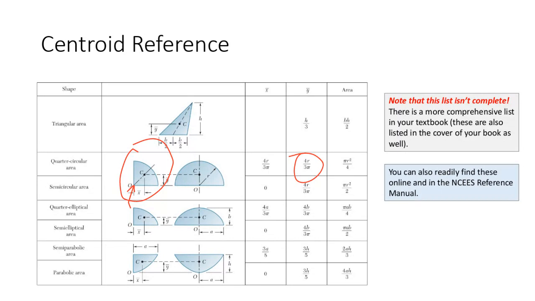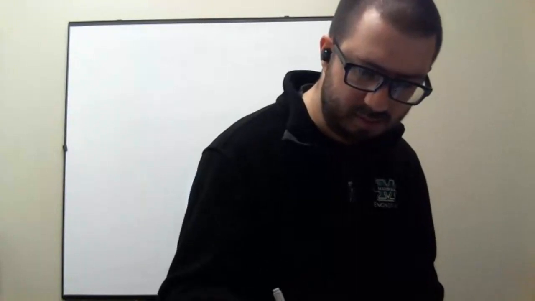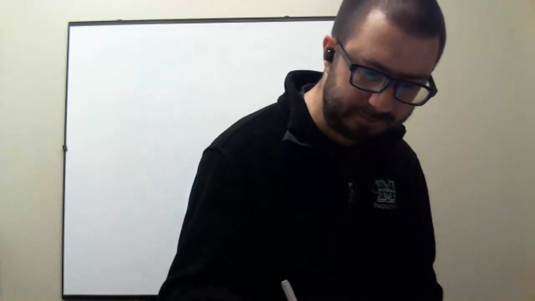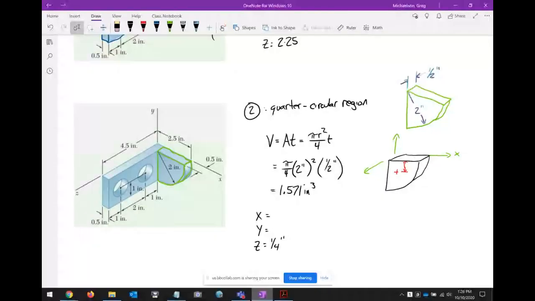So if I go back to my notes here, I propose that this distance here is 4r over 3 pi.